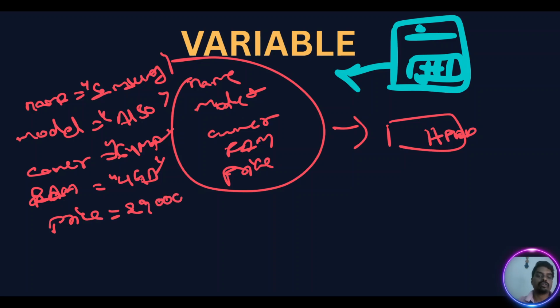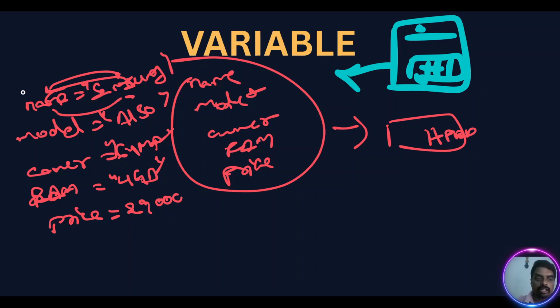These are the details I wanted to store in my computer. Here we are storing the value and giving a reference to it. So if anyone asks what Samsung is, you can tell it is a name. What is the name of this mobile? Simply by using the name you can retrieve the value. Is it clear, right?